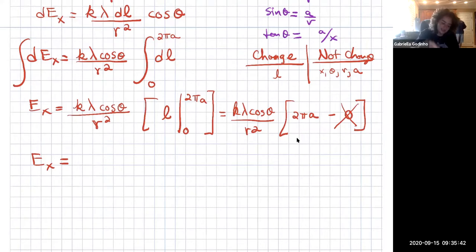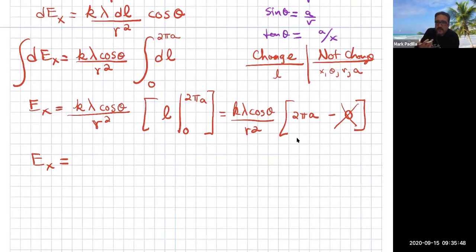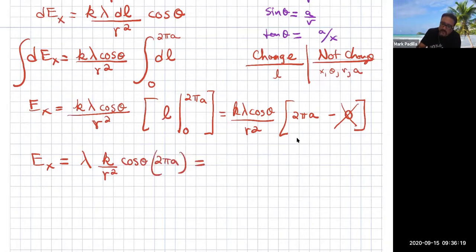All right, so we could put this as an answer, but just like any type of formula, we want to put it in its simplest form. There are many interpretations of this, but here's how I want you to do it. I'm going to isolate lambda, k r squared, and I have cosine theta times 2 pi a. Well, we know lambda is charge per unit length.